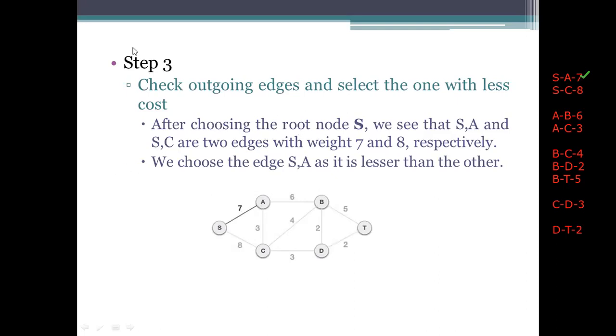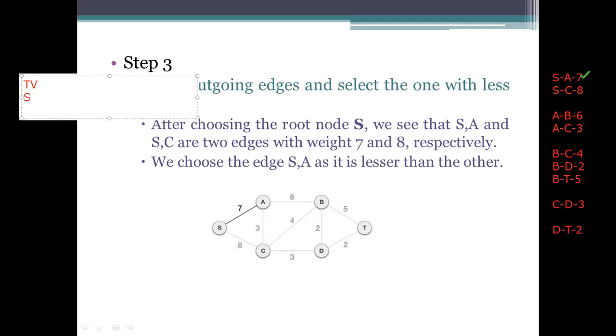And we also need to add to the TV set. Here the TV set initially is null, we added S, and next the other one is A here. Okay, we reached A. So from step 3, what we are doing is continuously adding the adjacent nodes to the selected one.